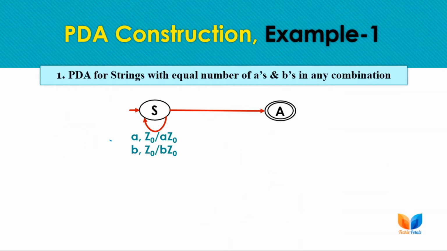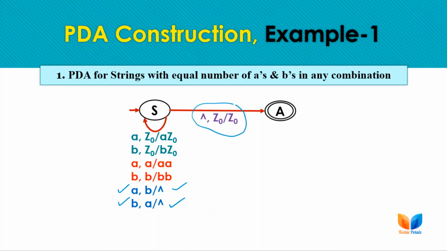We have the first two transitions for the push operation of A's and B's if the first symbol is A and if the first symbol is B. Second, these are the transitions if we have the same input combination, meaning input is A and stack top is A, or input is B and stack top is B. Next we have the pop operation if we have different symbols, meaning input is A and stack top is B, or input is B and stack top is A. And in the last we perform the acceptance, meaning the input is null and the stack top is Z0.